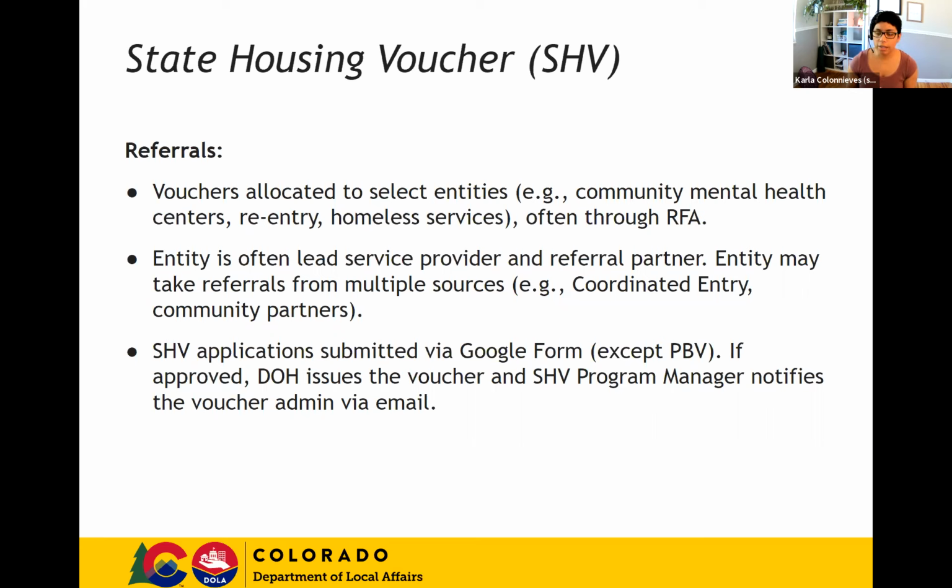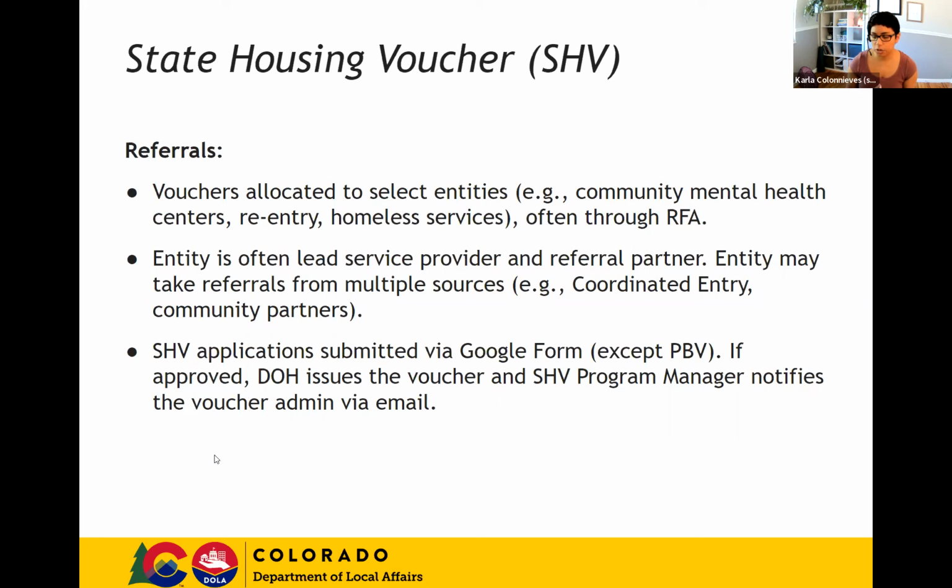When they select an individual for the state housing voucher, they will complete the application for the state housing voucher, and they will submit that via a Google form that'll then come to me or whoever's the SHV program manager. Currently, that is me. And that only works for tenant-based vouchers. For project-based, they will follow the specific process that is articulated in the tenant selection plan and the HAP contract.